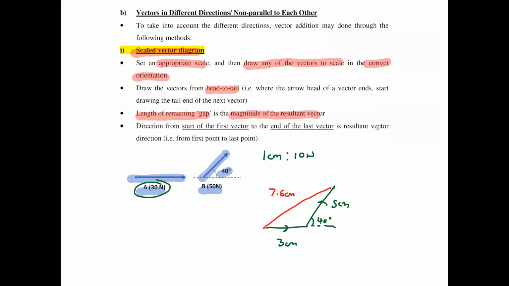And then the resultant vector direction will be given by the direction from the first point to the last point, which in this case should be pointing in this direction.